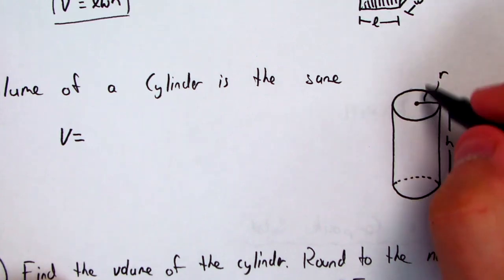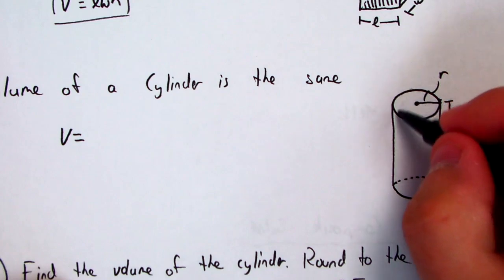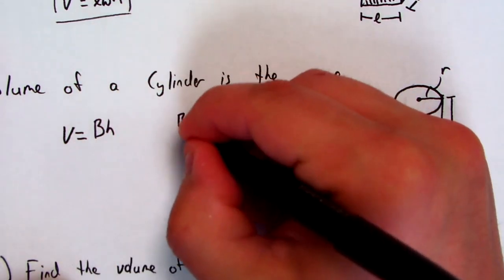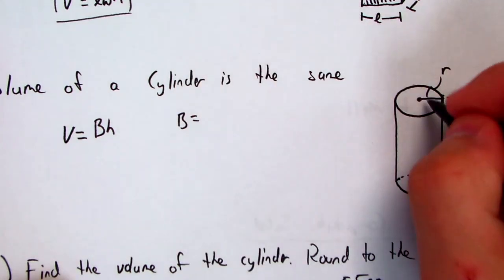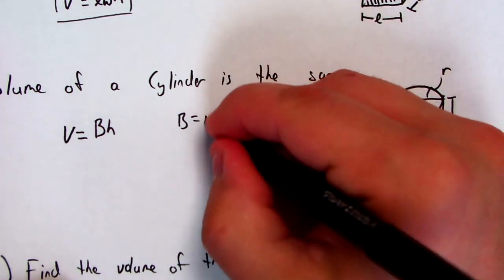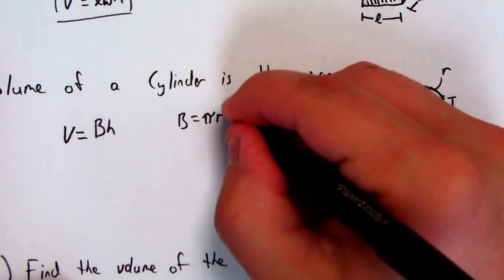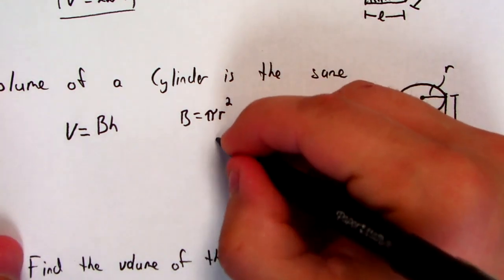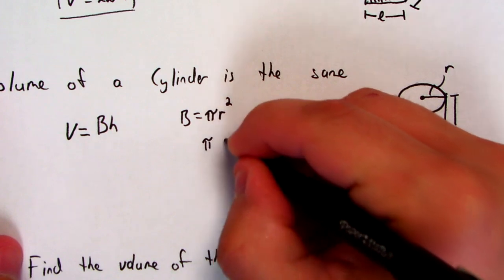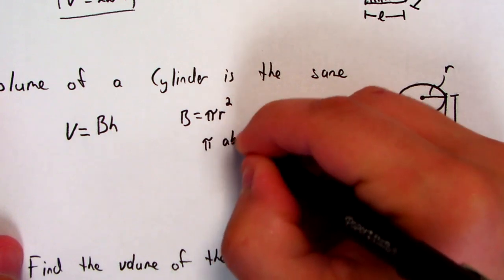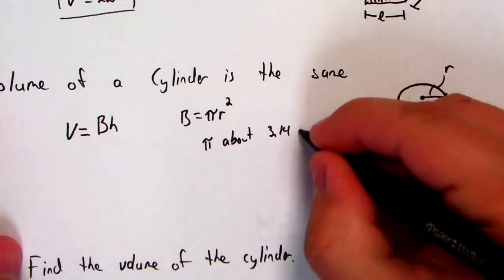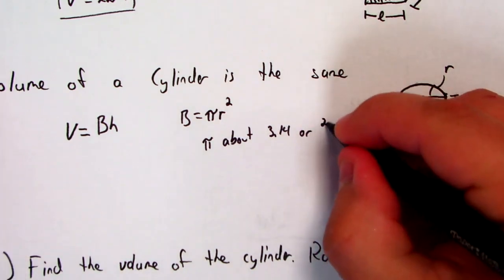So if we look at this, the area of the base, this is a circle. So if we recall, the area of a circle was pi r squared. Now, in the past, we've used pi as about either 3.14 or 22 over 7.